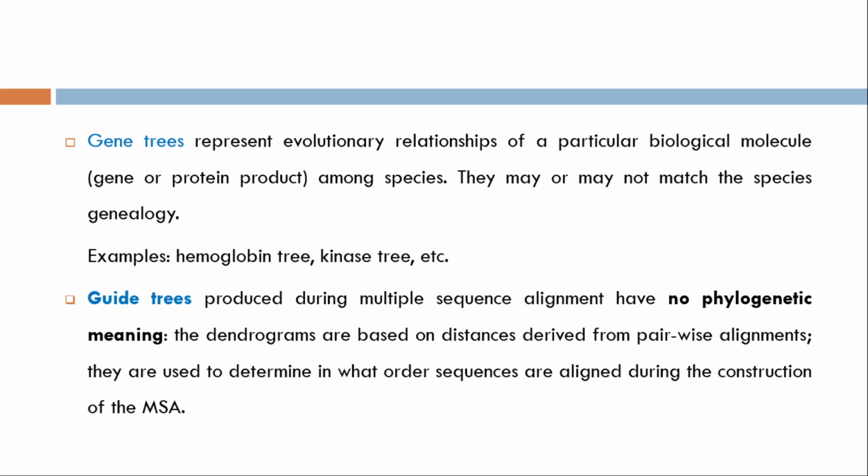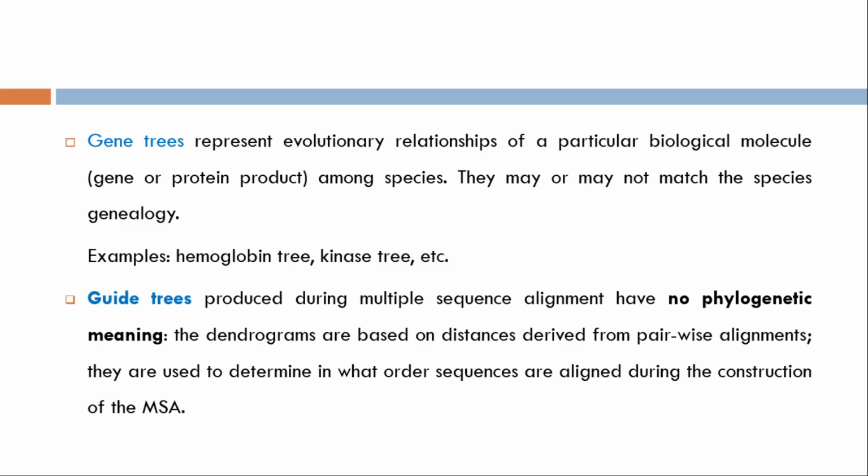Like hemoglobin tree, kinase tree. If you make the hemoglobin gene tree, that will represent the evolutionary history of hemoglobin only. Kinase tree, a protein, will represent the evolutionary relationship among the kinase proteins of different organisms. You can't say that these two organisms are closer.